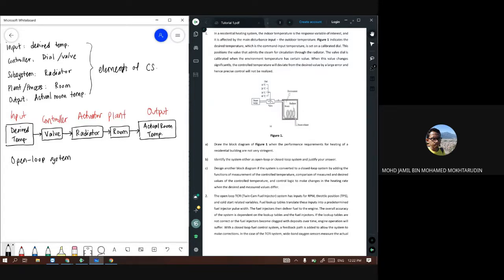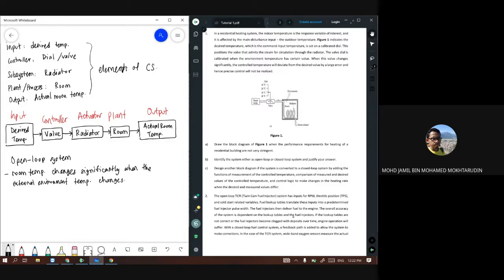So maybe you can say that because the room temperature changes significantly when the external environment temperature changes.